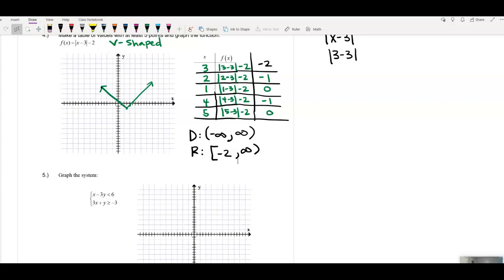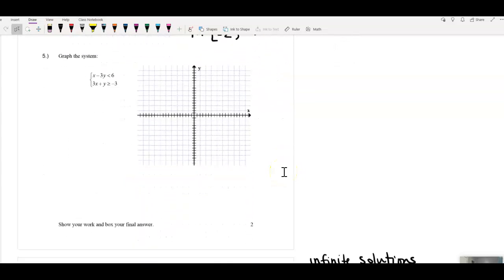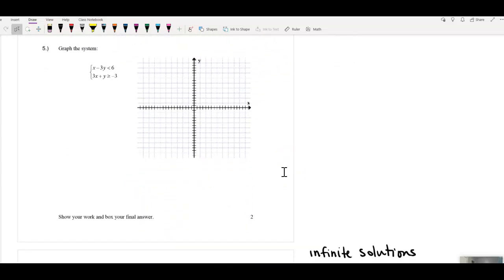All right, let's look at this next one. So this one, we're graphing a system of linear inequalities. So we're graphing two different linear inequalities on the same grid, right? Now there's a couple of ways you could solve these and graph it.